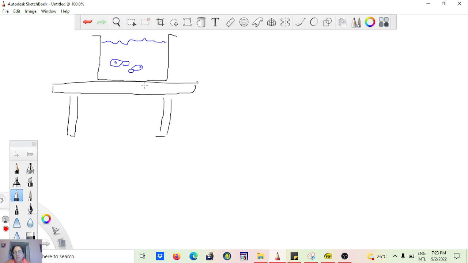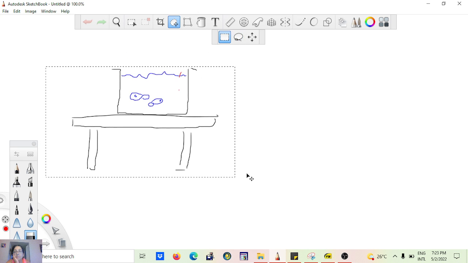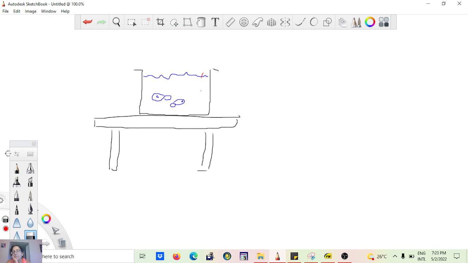So what do you do? You're going to take a tube here, it's going to go up. I should have made it a little bit more. Okay, let's see if I can move that. So you make a tube here, goes up.